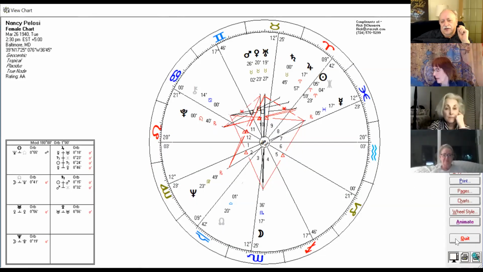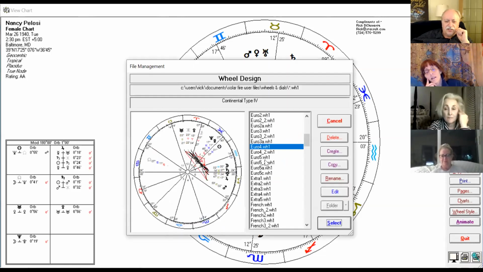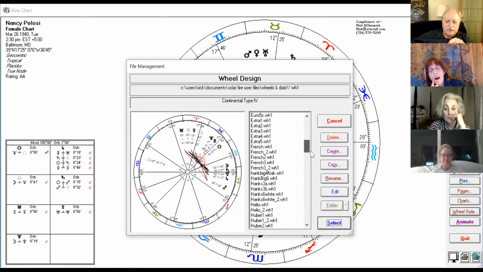And by the way, here's the charts I look at. I don't look at charts the way you were watching the English system. Here's the system I use. I use what's called the American system. And I've just gotten used to it. Let me show you the difference. You've been using the European 4. And these are all different wheel types.